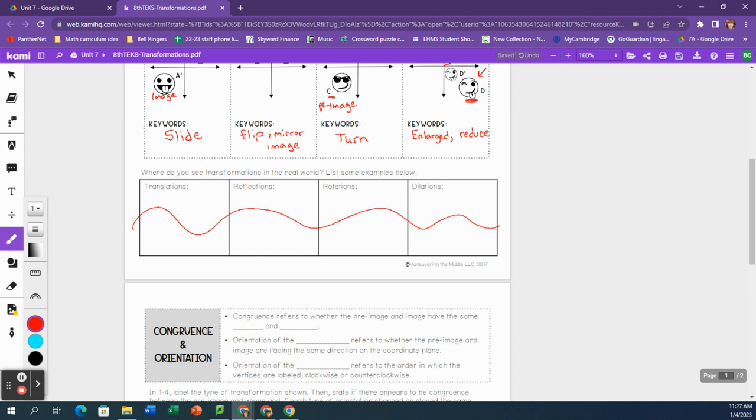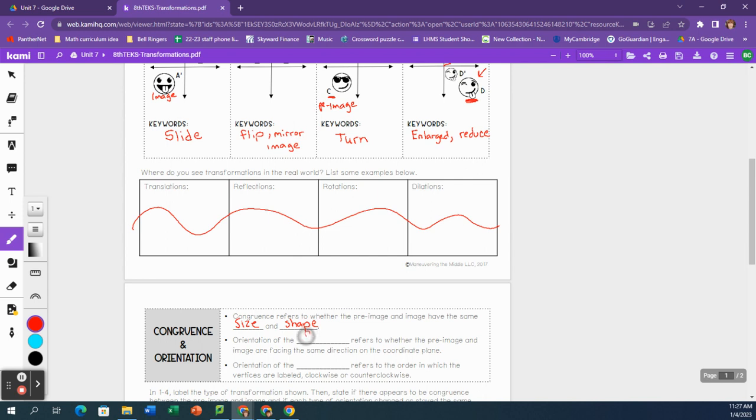Let's move on down because we need to talk about congruence and orientation. Congruence refers to whether a preimage and an image have the same size and shape. That's congruent. It might be rotated, it might be moved, but it has the same size and shape.